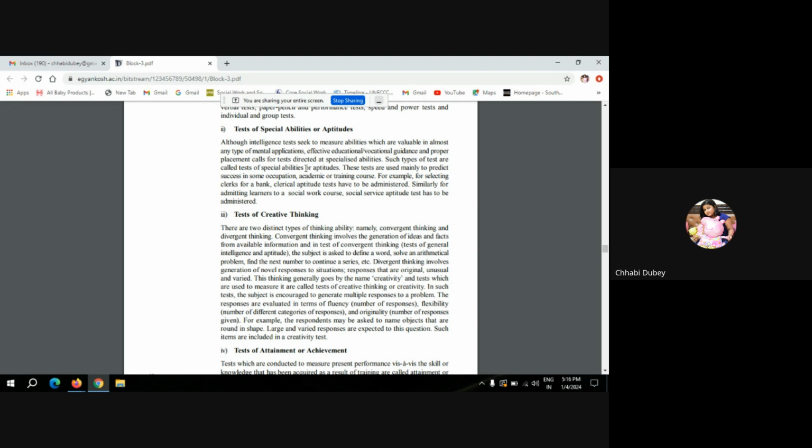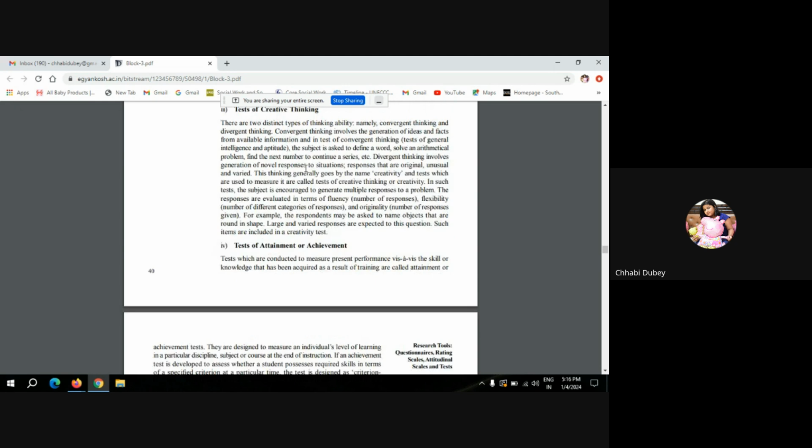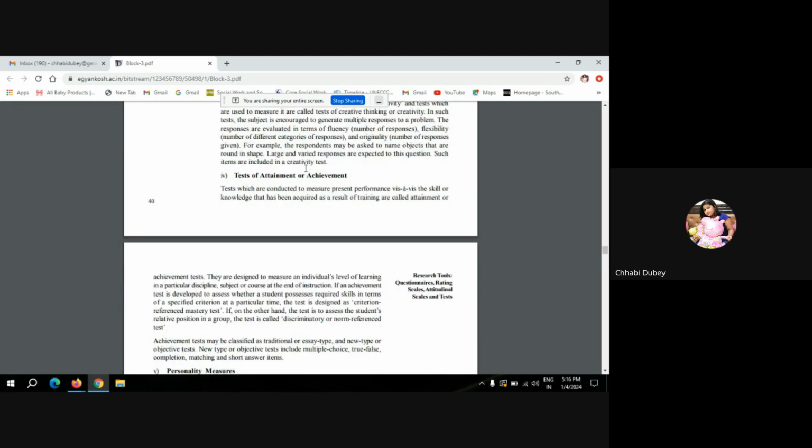After that we come to the test of attainment or achievement. These are tests which are conducted to measure the present performance vis-a-vis the skill or knowledge of individuals.